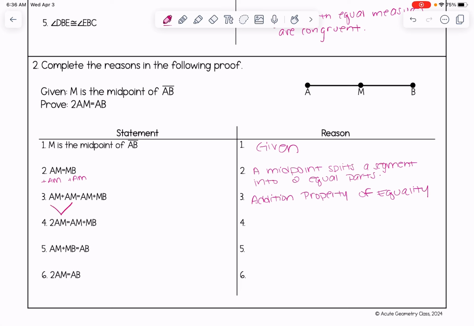In line 4, you could see that we just combined like terms here, right? AM plus AM would be 2AM. So I'm just going to write here for reason 4 that we simplified, or you could write combine like terms.